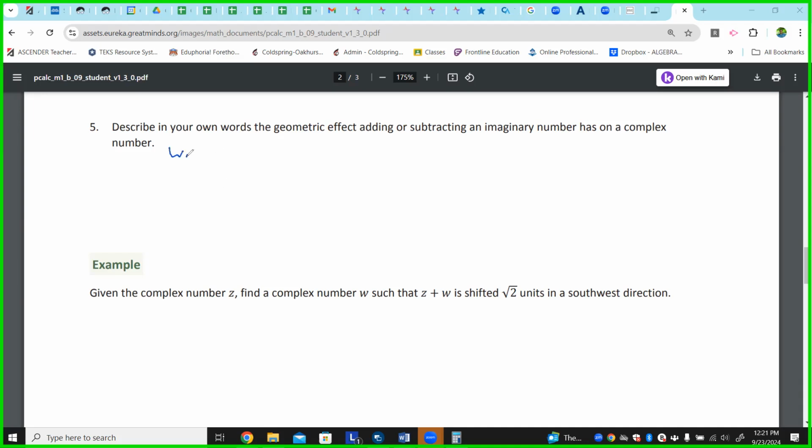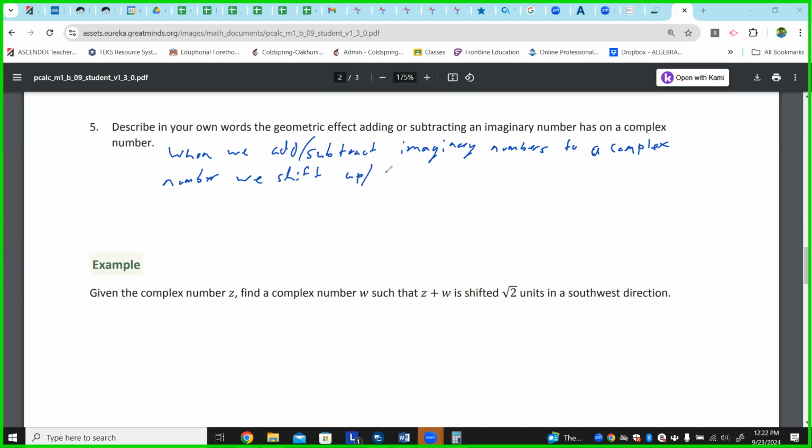So when we add or subtract imaginary numbers to a complex number, we shift up or down.